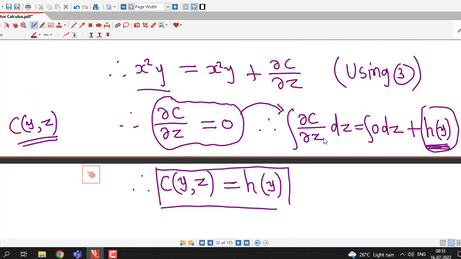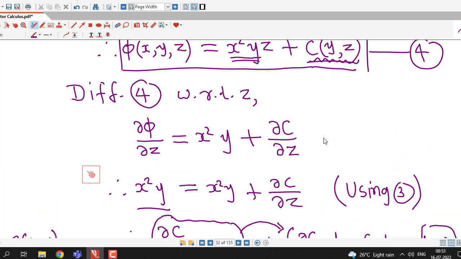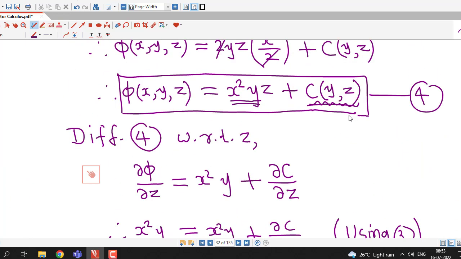So now we have obtained c equal to h of y, that we put in equation number 4.